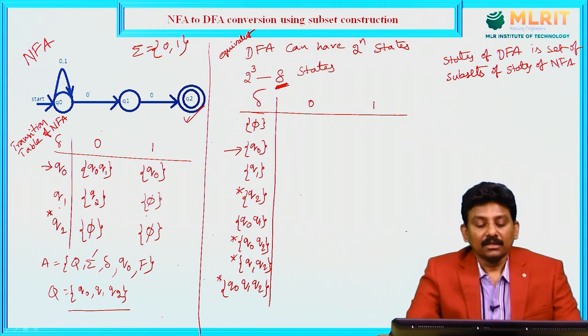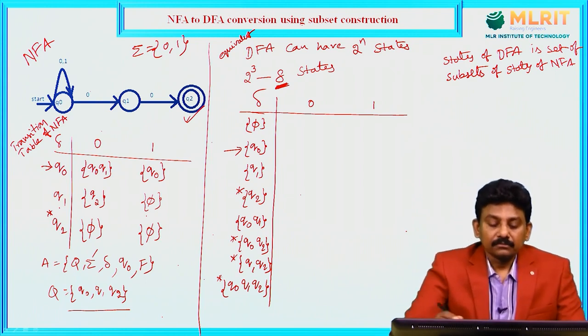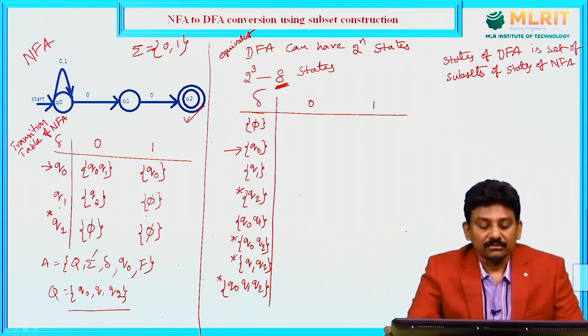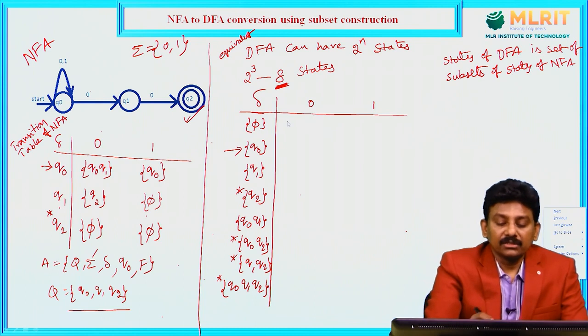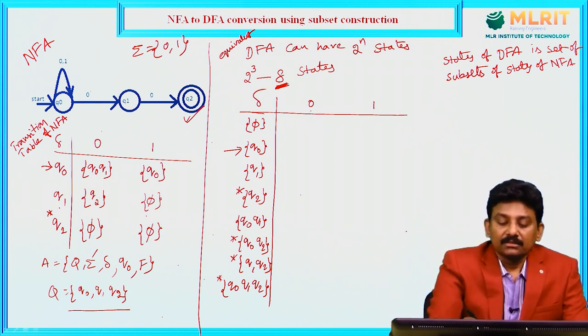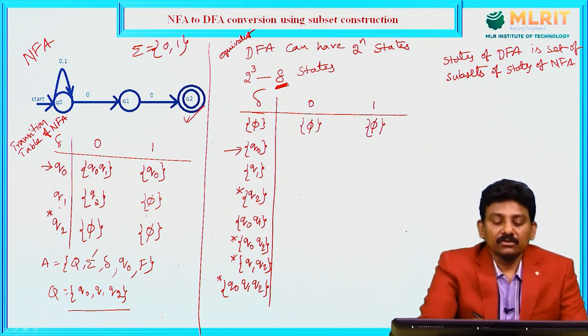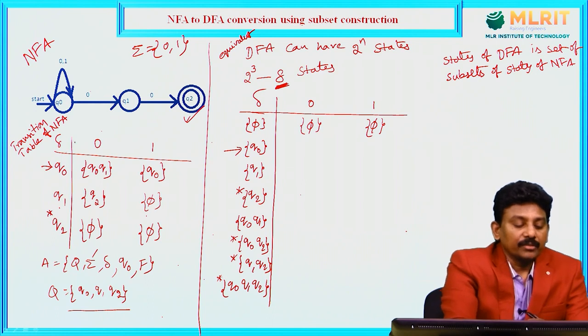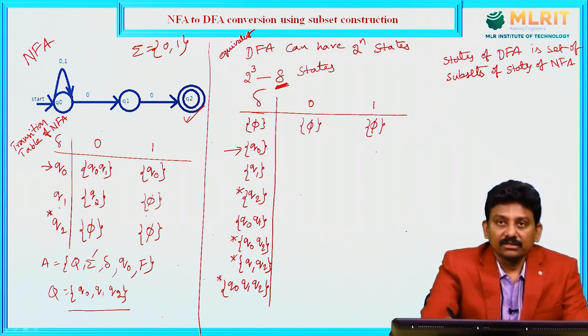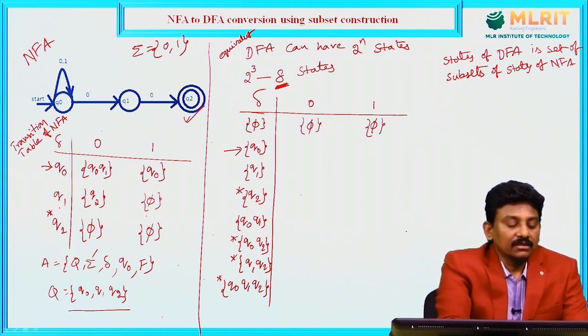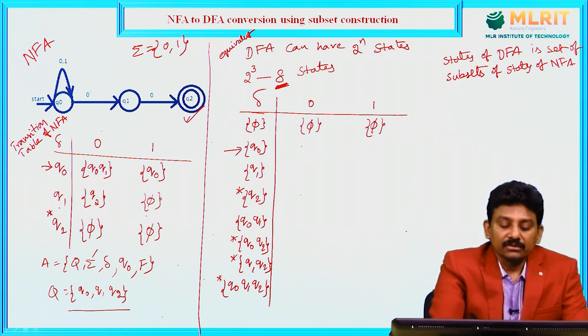Then we need to fill the table. Phi on 0 is phi, meaning a dead state. There is no transition, dead state, phi only. For input 1 also phi. Then Q0 on 0: by seeing the NFA table, we can fill this equivalent DFA table. Q0 on 0 goes to Q0, Q1.